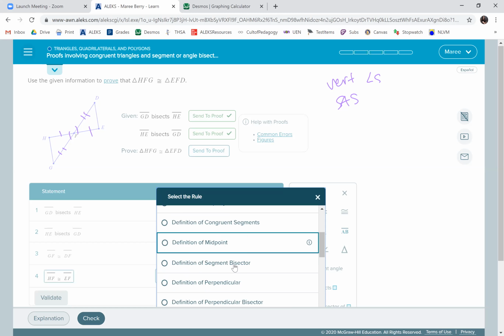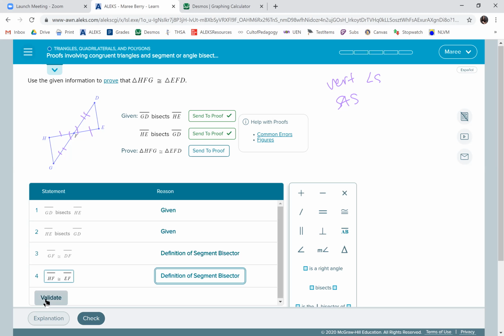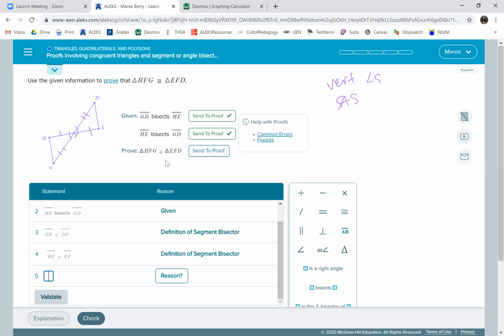But I am actually looking at the order that I'm writing these segments. So GF, I'm looking at the triangles that I'm proving, and G is the last letter and F is the middle letter. So it has to be congruent to DF, which is the last letter, middle letter. Same with the HF and EF, they're the first 2 letters in order.